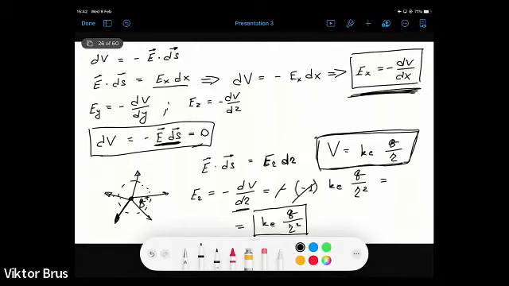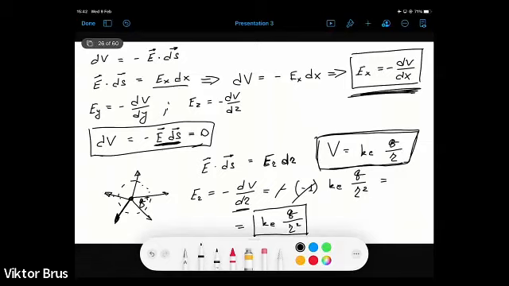Then we apply this relationship between electric field and potential distribution, meaning that the electric field is equal to the derivative of potential over dx, dy, or dz in the three-dimensional case. But in our case, when we have spherical symmetry, we can take the derivative over dr, just the change of position vector.